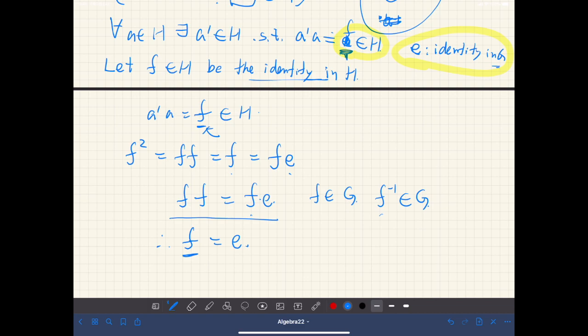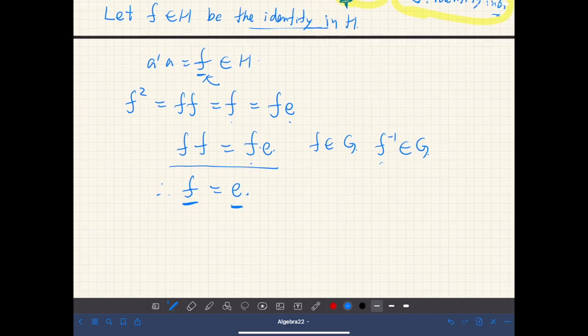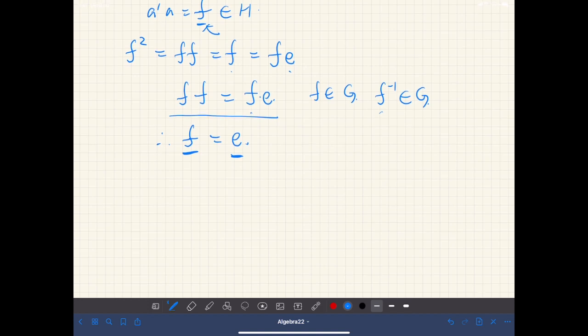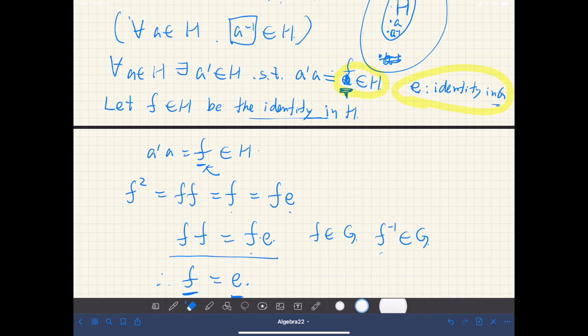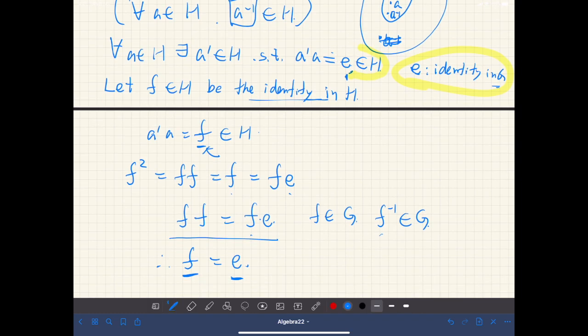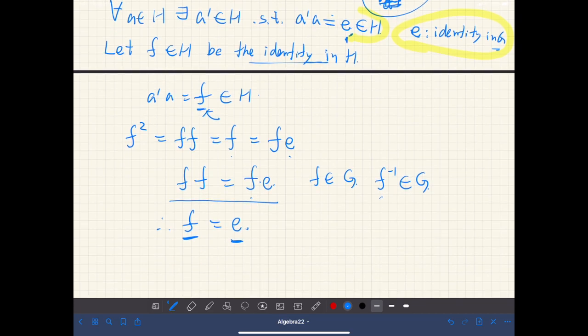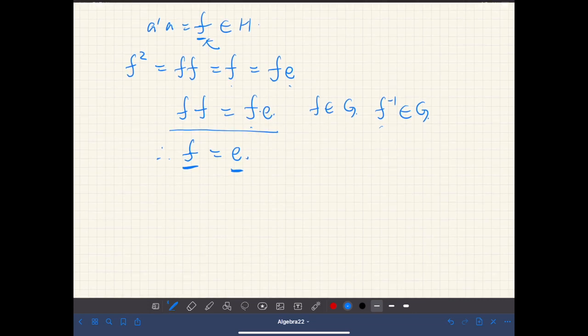Therefore, this identity element in H is actually the same identity element as in G. So we can replace this F with E. That means A prime A is equal to E. So if we multiply A inverse, as an element of G, from both sides, from the right, then we have A prime equals A inverse.